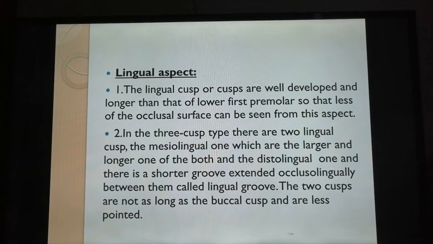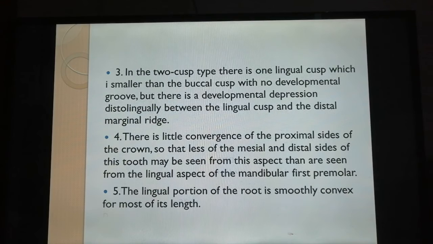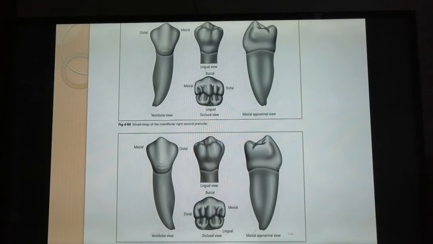The 2 cusps are not as long as the buccal cusp and are less pointed. Then we see the mesiolingual and distolingual cusps separated by the groove.